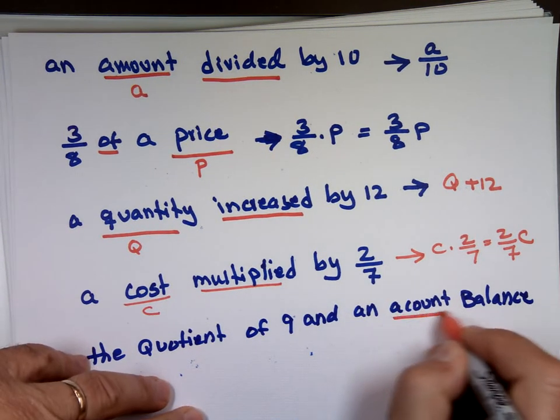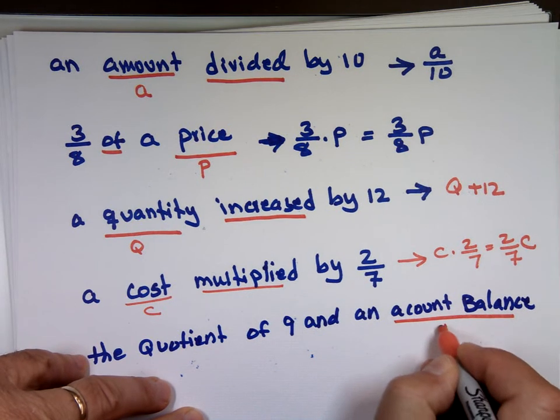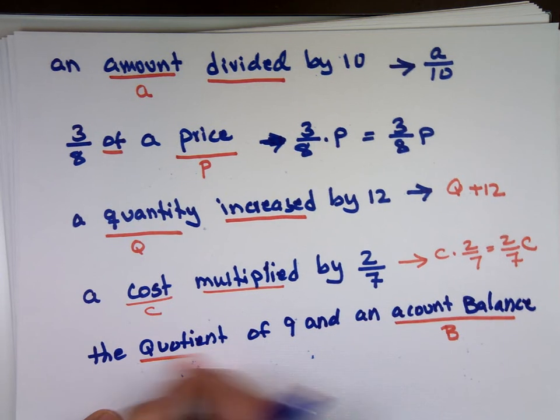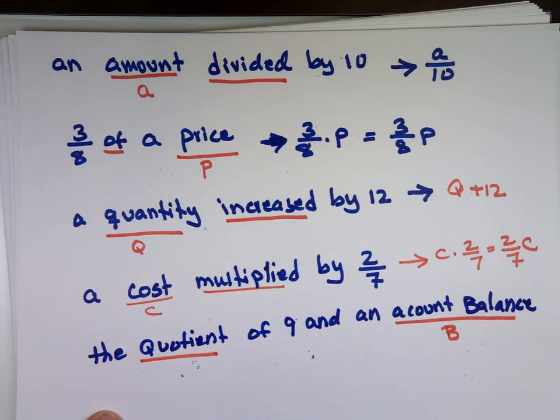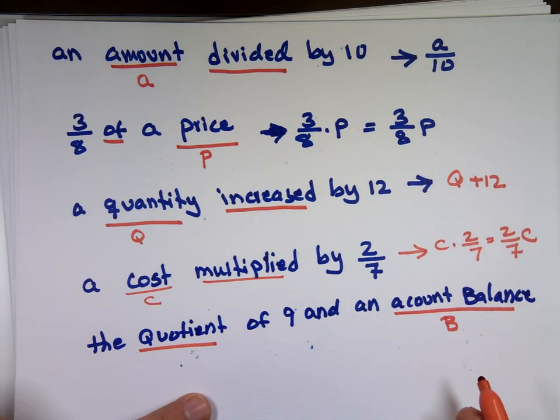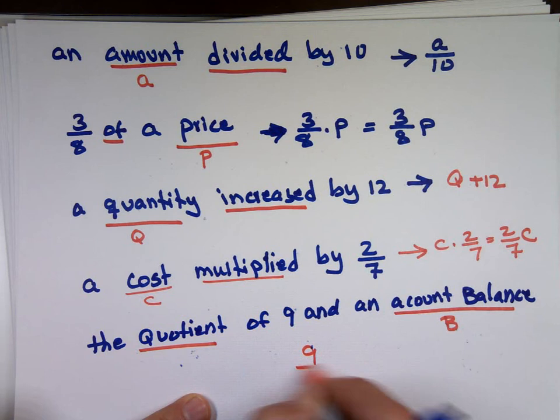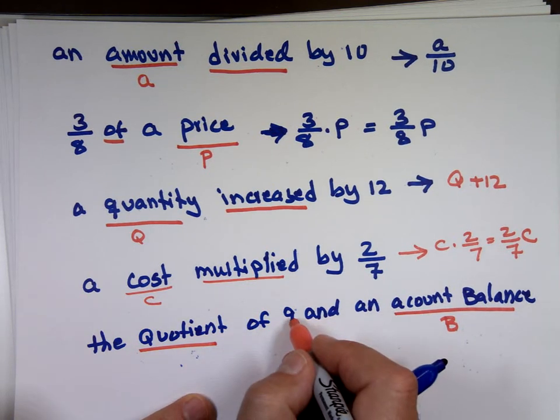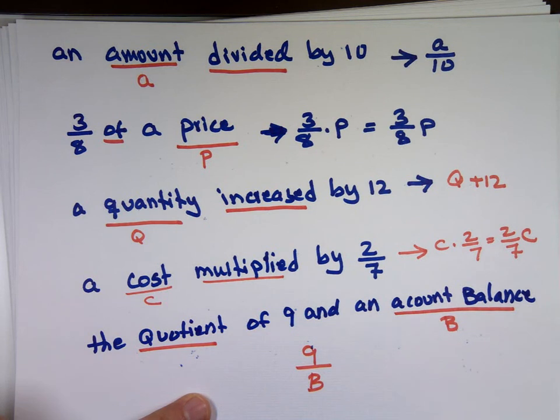B maybe? Quotient means what? Divide. The first number is always the top and the second one is always the bottom. So that'll be what? 9 over B. The quotient is the division of, this is the top and the second one is always the bottom. You could use C, whatever, A, whatever you want to use for account balance. But you have to write that 9 over whatever the variable is.